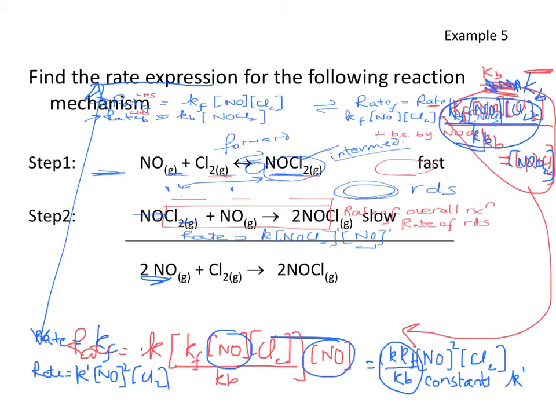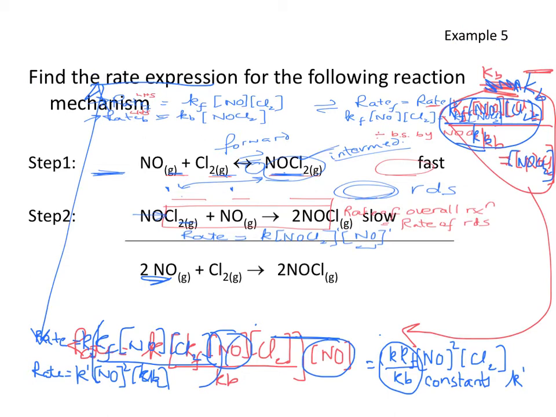So my rate is going to look like, let's start with K. K goes as is. I'm going to plug in the number for NoCl2, so that's Kf times NO times Cl2 divided by Kb, that whole thing together, okay?